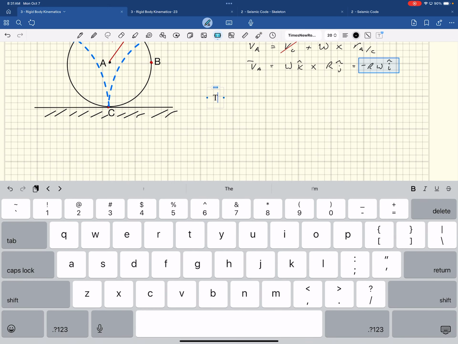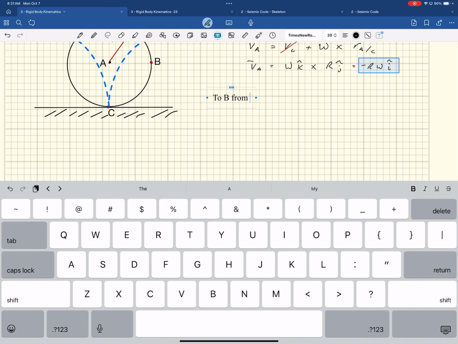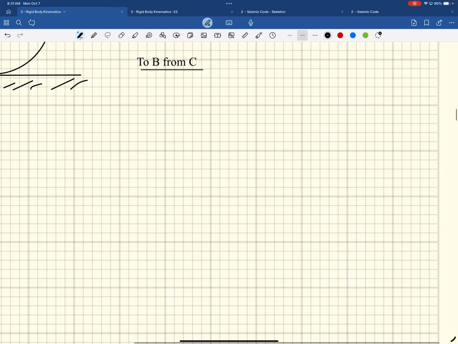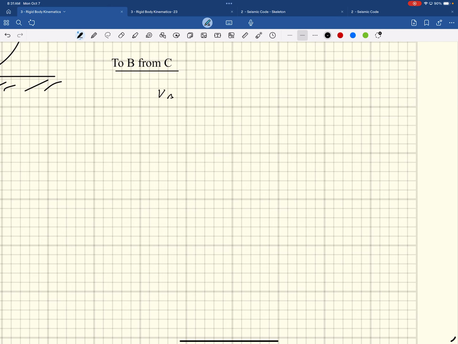VB from C first. I say VB is equal to VC plus omega crossed with RB as seen from C. VC is 0.